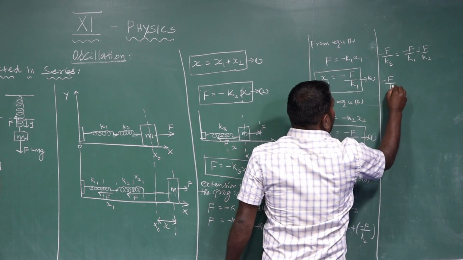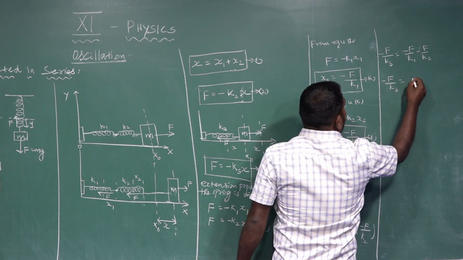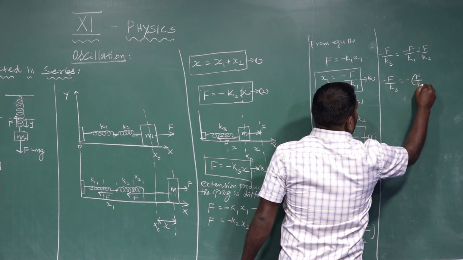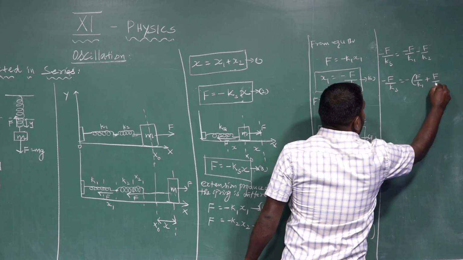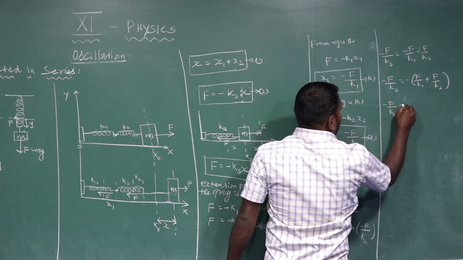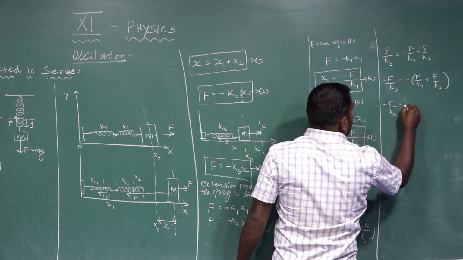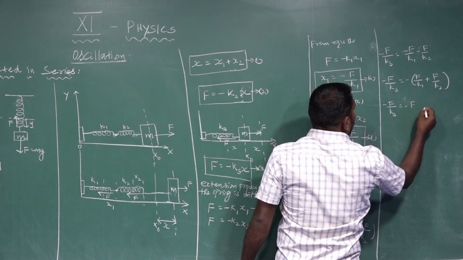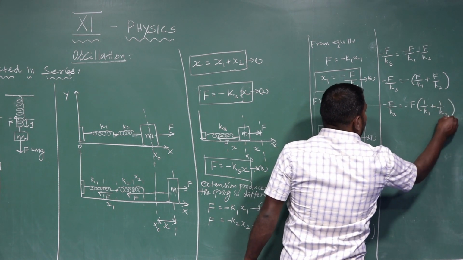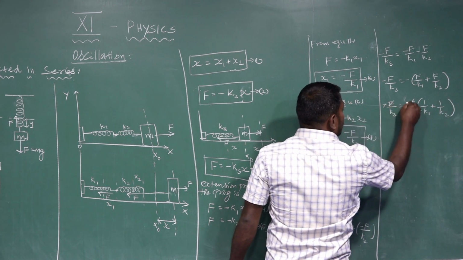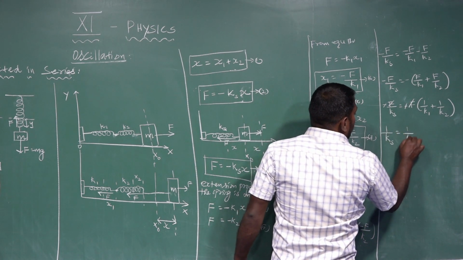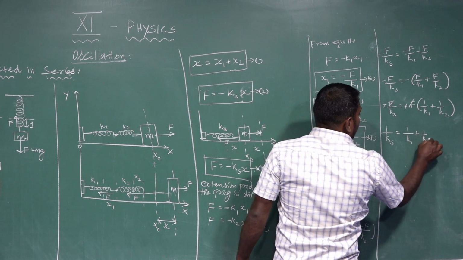Taking the minus sign common, minus F divided by Ks is equal to minus F times 1 divided by K1 plus 1 divided by K2. F cancels, minus cancels: 1 divided by Ks is equal to 1 divided by K1 plus 1 divided by K2.